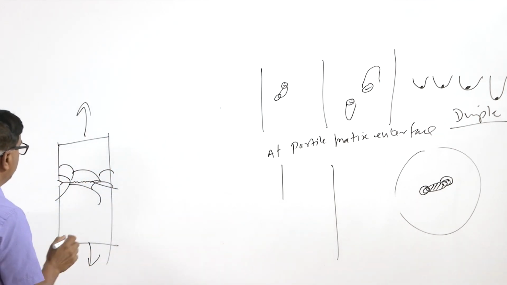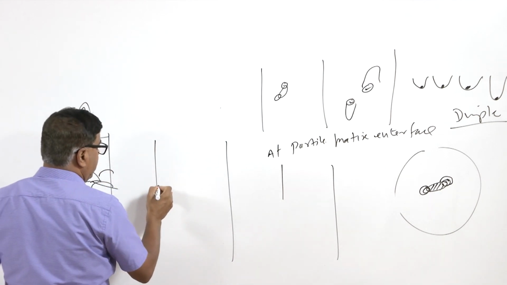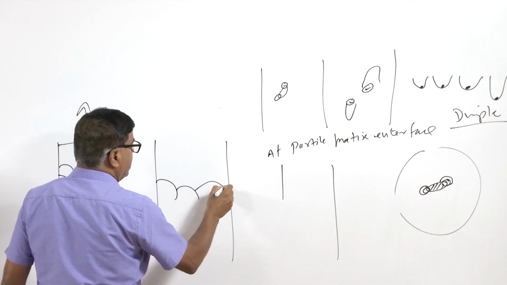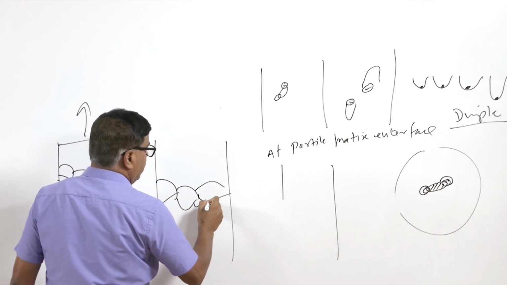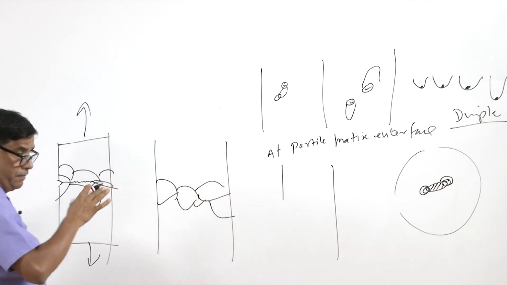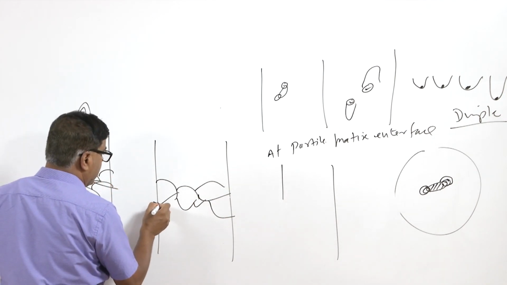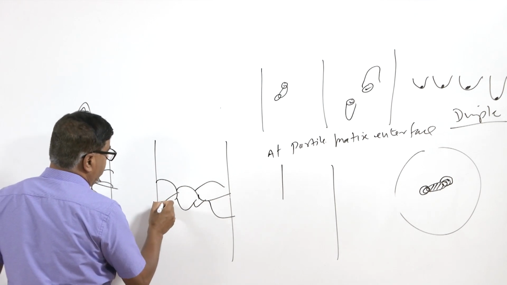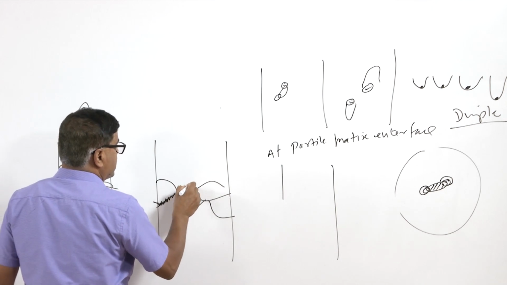And the second one is when we find that the crack growth follows a particular direction during its journey. Say here the crack is growing, so the crack will be growing along the grain boundary in this case, like this.